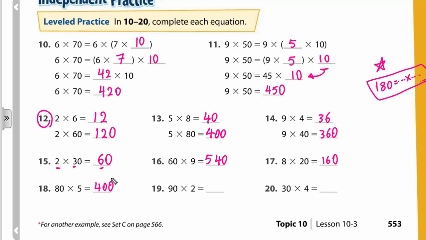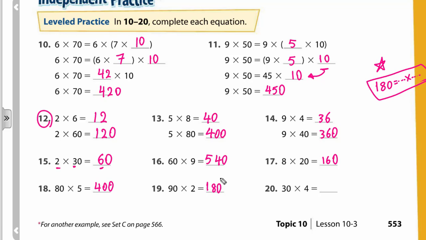Yes, teacher. Question 19. 19 multiplied by 2 equals 180. Thank you, my hero. Great work.